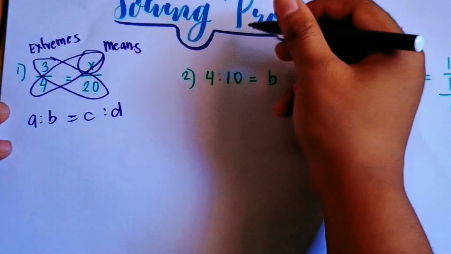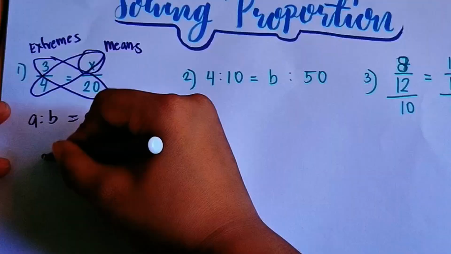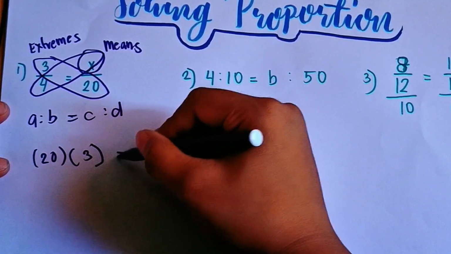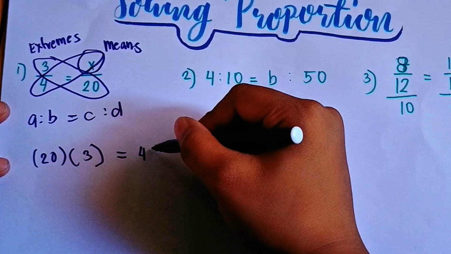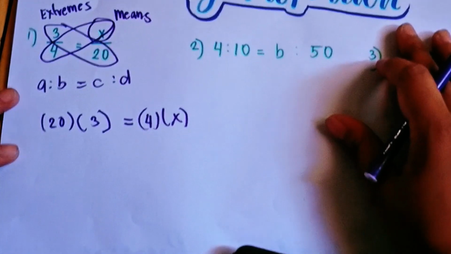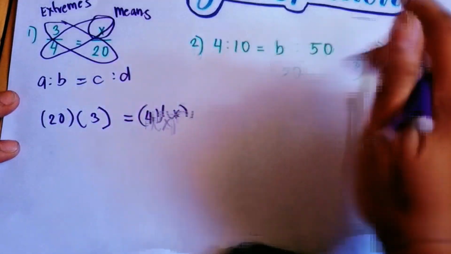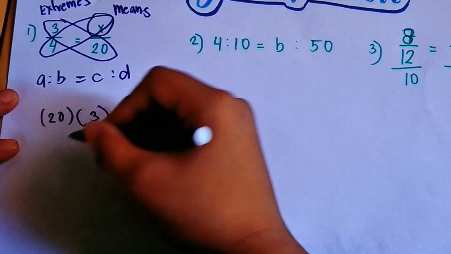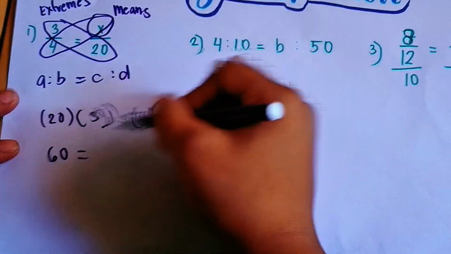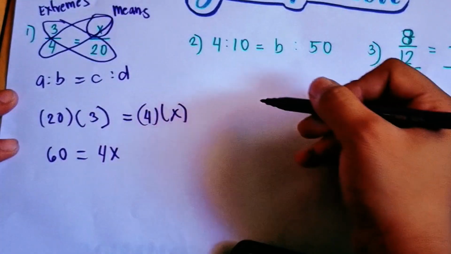Meaning to say, we have 20 times 3 is equal to 4x. To find the value of x, we need to multiply both sides. We have 60 here, and here is 4x.